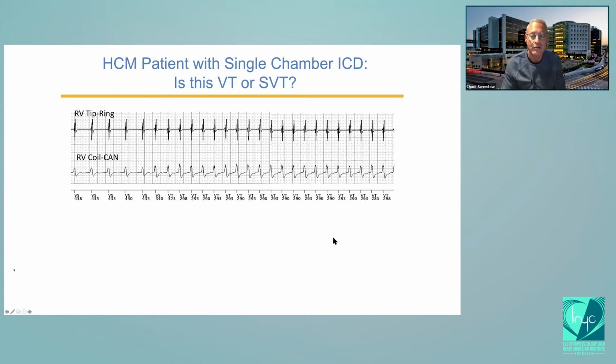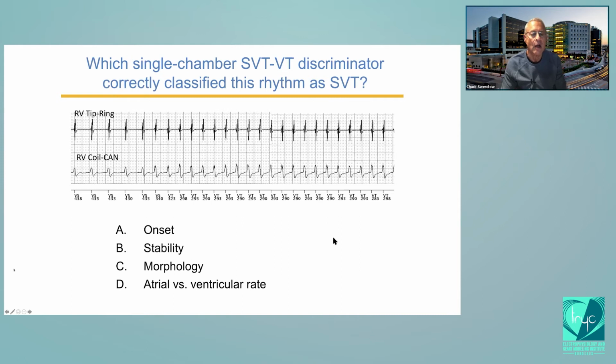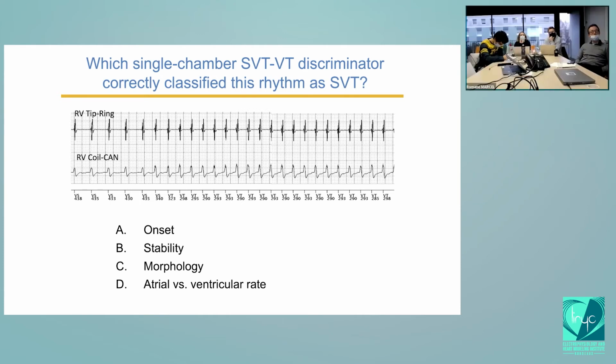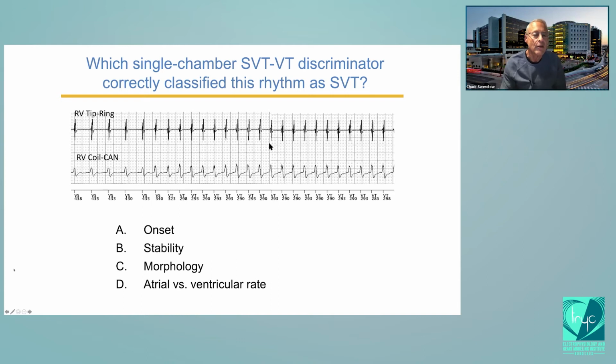So the next question is, which single chamber discriminator would correctly classify this rhythm as SVT? Let's go through it, and you guys call out. You said the onset is abrupt, and that's our sudden onset.